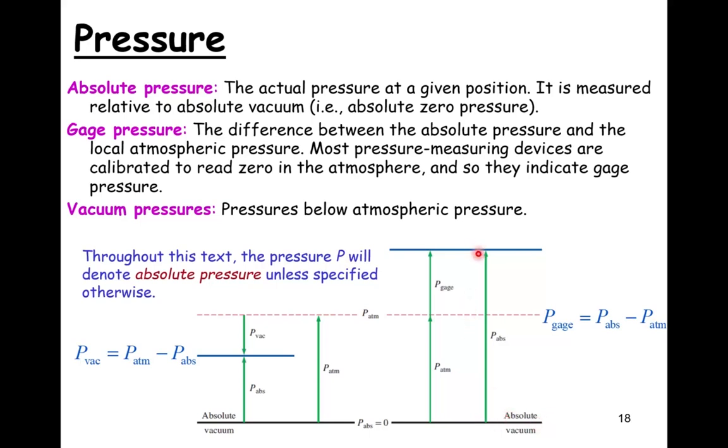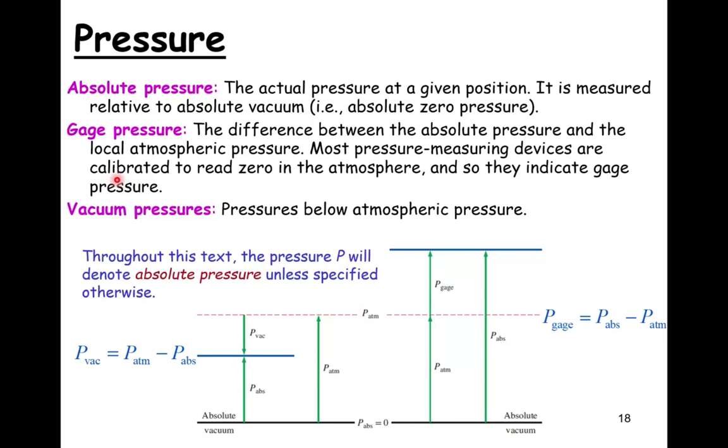For example, when we say pressure is 1 bar, in that case absolute pressure is 1 bar with respect to 0, meaning here is 0 and here is 1 bar, or 101 kilopascal, or 1 atmospheric pressure.